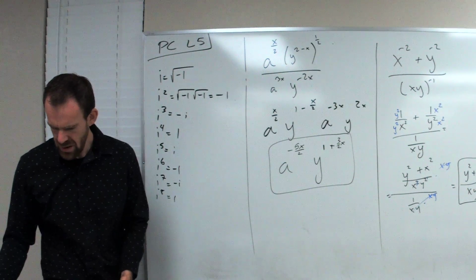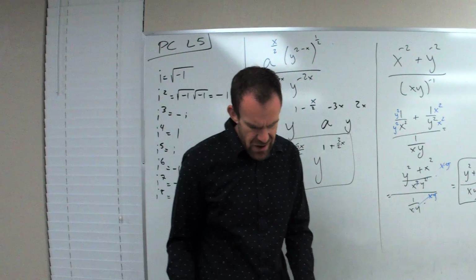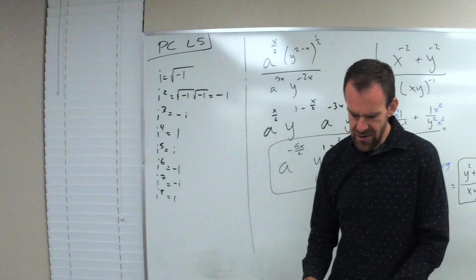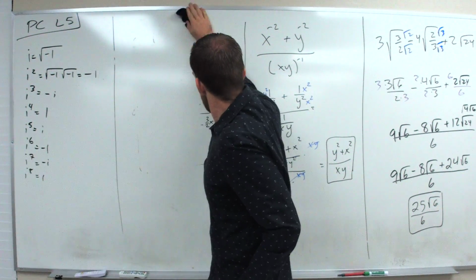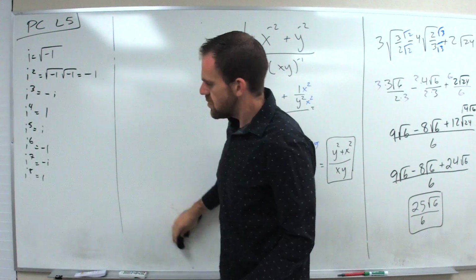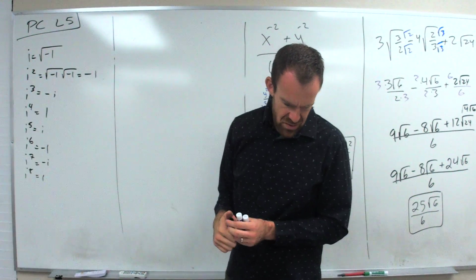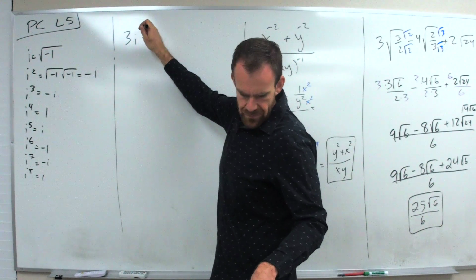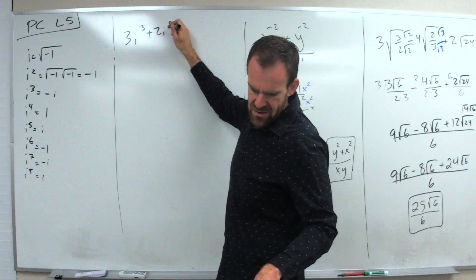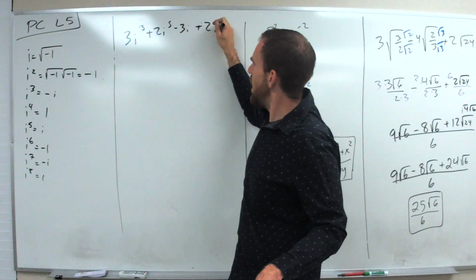So, if you have problems with higher powers of i, then that's what you will need. So let us do this problem. We have 3i cubed plus 2i to the 5th minus 3i plus 2i squared.